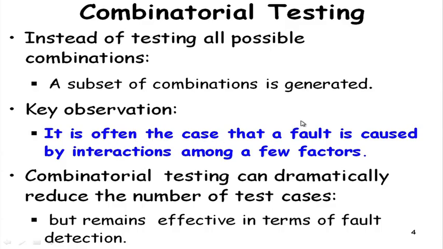The key observation here is that when a program is written with 30-40 parameters, it is some specific combination of a pair of parameters, or a single parameter, or maybe up to 3 parameters that causes the problem. So, if any 3 parameters take a specific value, or any 2 parameters take some specific value, or maybe a single parameter takes a specific value, then only the problem occurs.